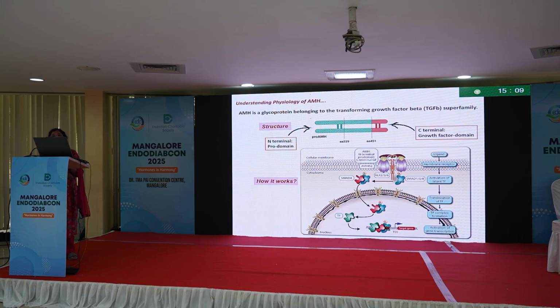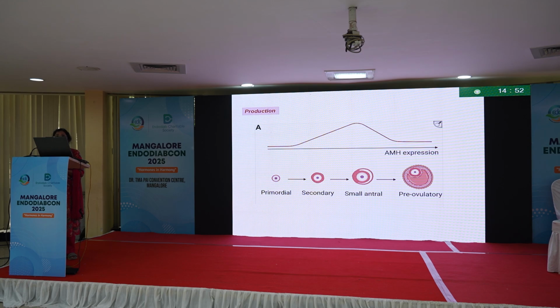It is the C-terminal domain which attaches to the AMH receptor, which is a transmembrane receptor, and then there is a series of recruitment of other receptors and SMAD pathways which translocate to the nucleus and ultimately lead to transcription of different genes. They are produced in the females by the small antral follicles and secondary follicles, pre-antral and small antral follicles.